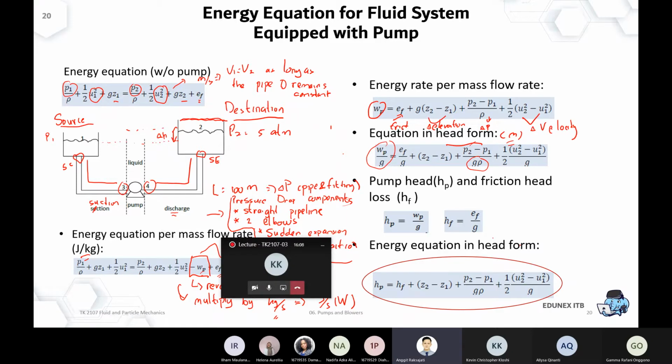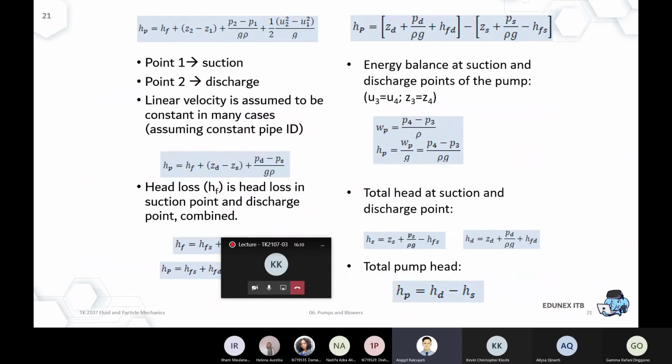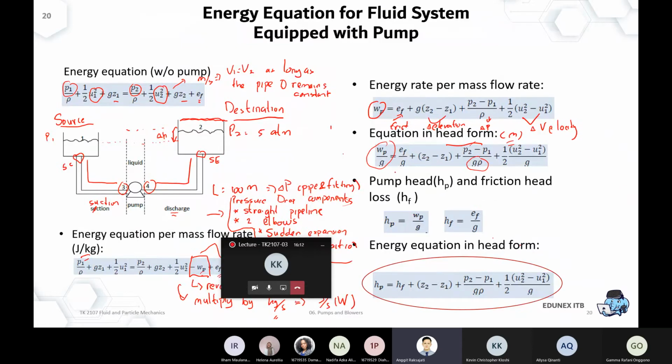Okay, so the pump work per g itself can be expressed as the head of the pump. So that's the HP. But head of the pump again only refers to point 3 versus point 4, which is the suction versus the discharge.